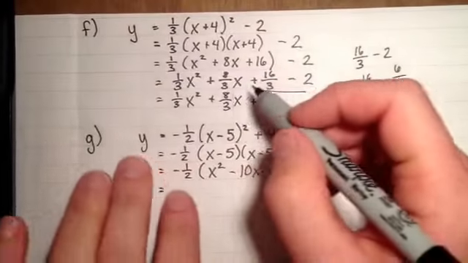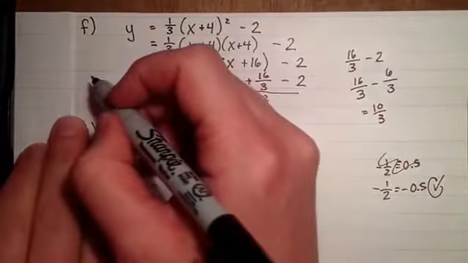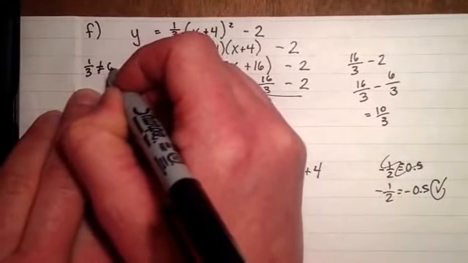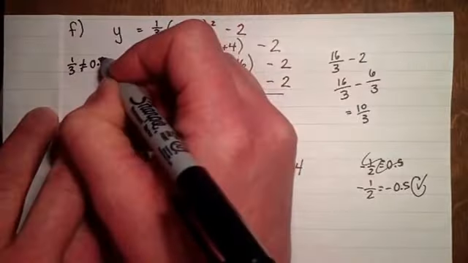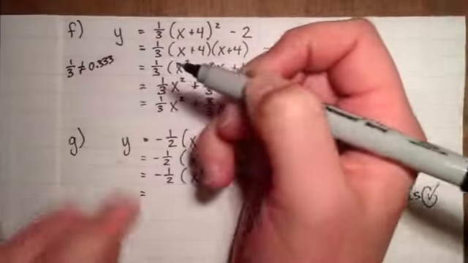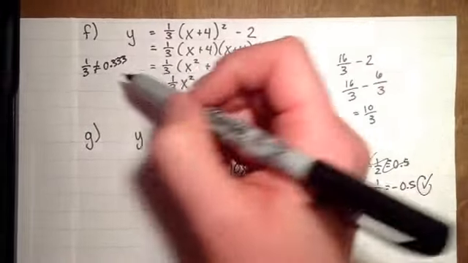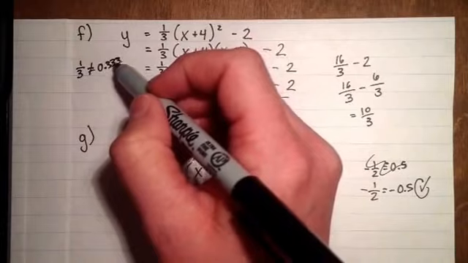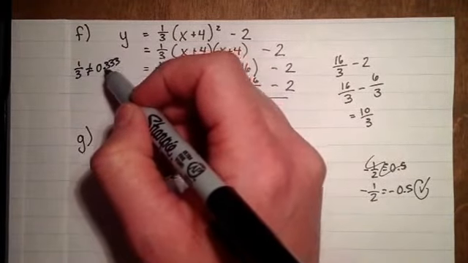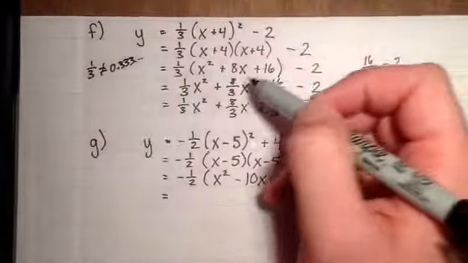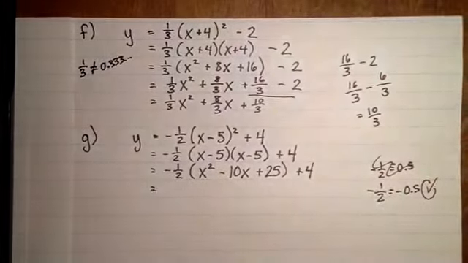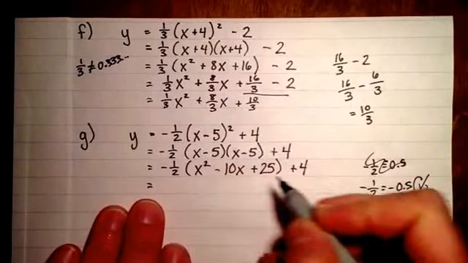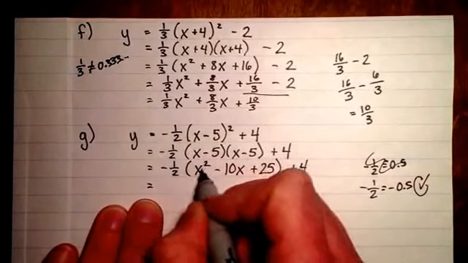But I need to point out up here, 1/3 is not the same as 0.3 or 0.33, or you can write a whole bunch of 3's, and it's not the same thing. It's close. It's really close. But if your decimal is a repeating decimal, if it's not a terminating decimal, if it goes on and on and on, then you have to use the fractions in the answer. But here, I'm going to use the fractions, but if you wrote 0.5, that would be perfectly fine as well.